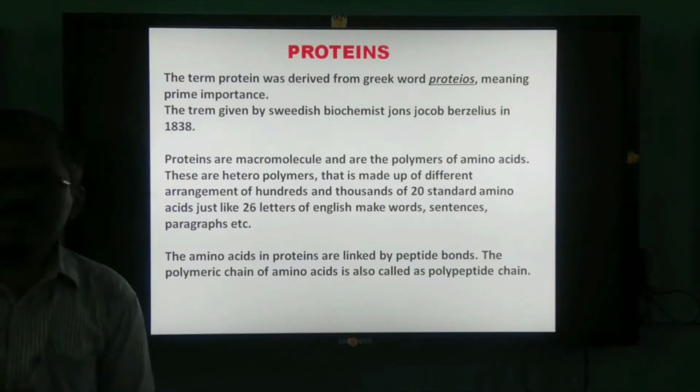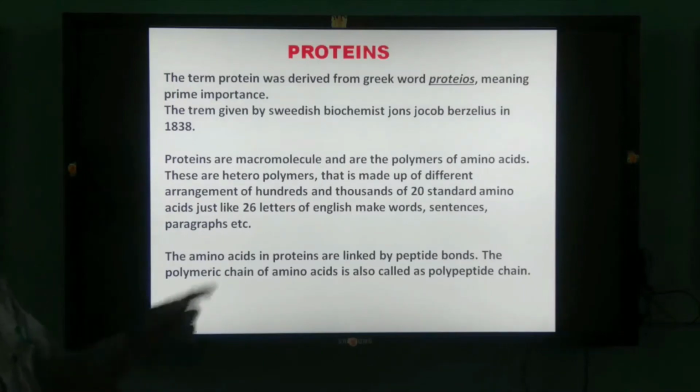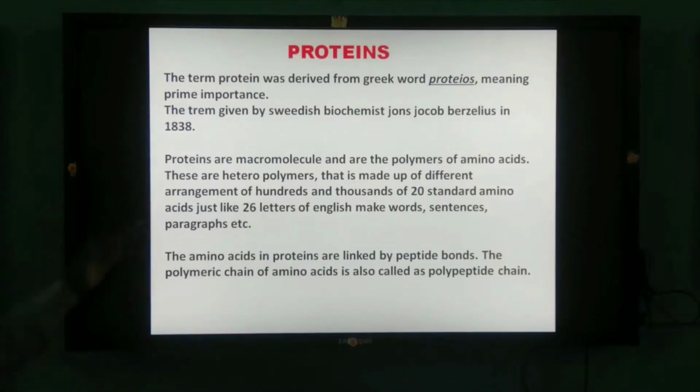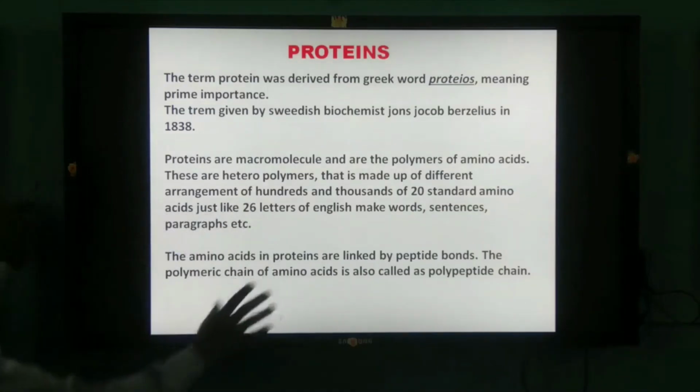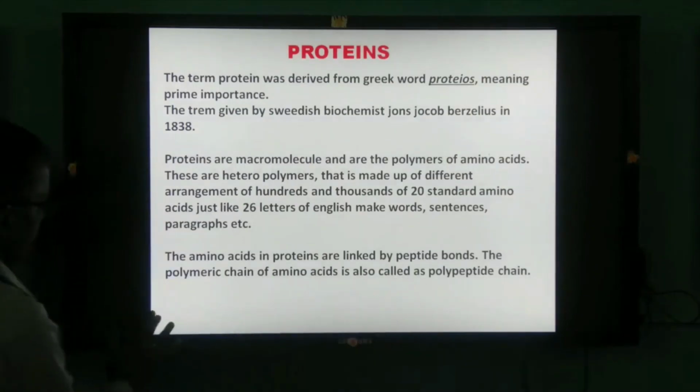These 20 standard amino acids, only by different arrangements, give rise to hundreds of thousands of proteins. These are linked by peptide bonds. The polymeric chain of amino acids is also called a polypeptide chain.